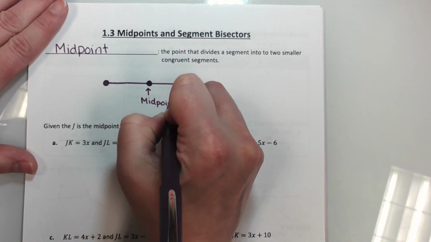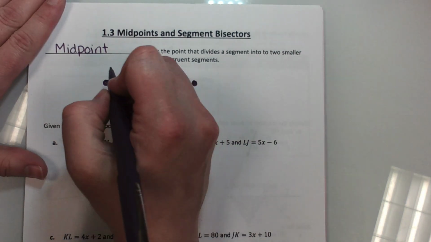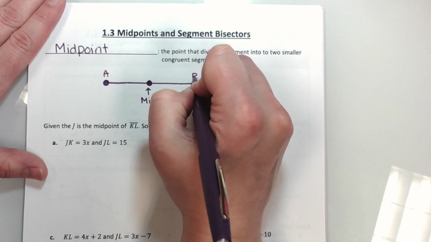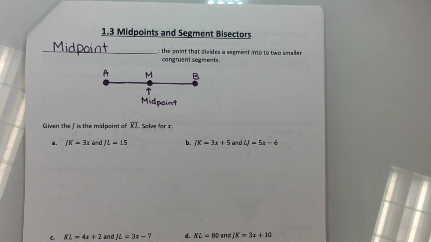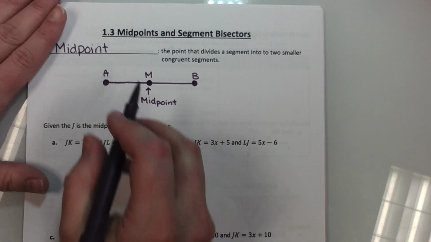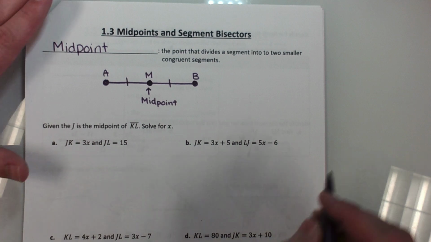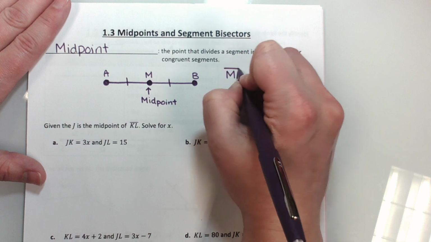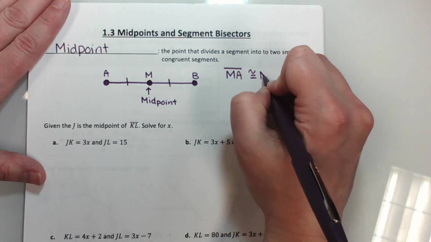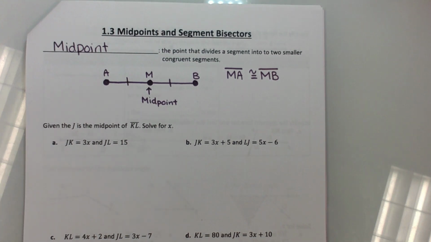Now, if it's in the exact middle, that means that it's taken this segment, which I'm going to call the segment AB, and I'm going to call the midpoint M. It's taken this segment AB and divided it into two congruent parts, which means this and this can have tick marks on them indicating that they are the same. It means we can say that MA is congruent to MB. We can write that congruency statement.